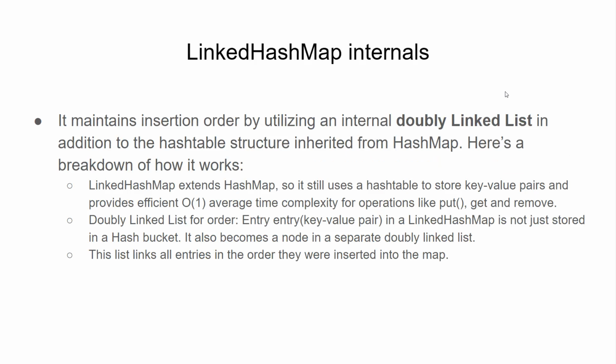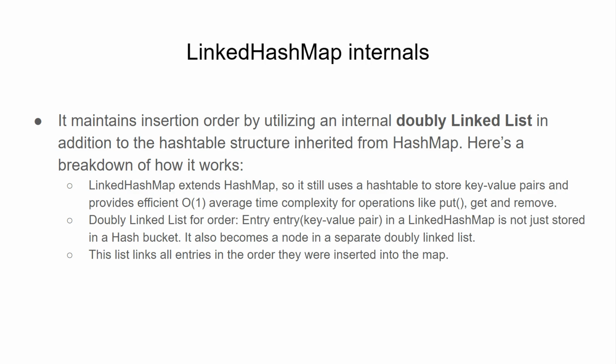The LinkedHashMap internals, okay? Remembering that the LinkedHashMap inherits from HashMap, the HashMap structure. It maintains the insertion order by utilizing an internal doubly linked list in addition to the hash table structure, also called the array of buckets, inherited from the HashMap. Here's a breakdown of how it works.